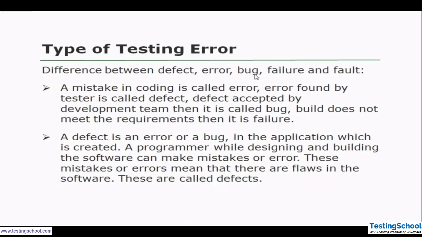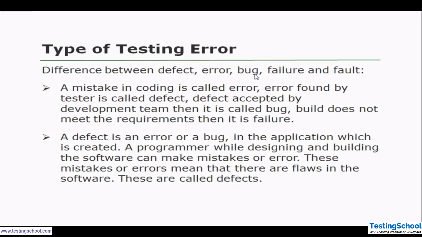So we have different testing terms: defect, error, bug, failure and fault. So what is a defect and an error? Let's start with this: if we have any coding mistake, then we call it an error. An error found by the tester is called a defect, and a defect accepted by the development team is called a bug, and a build that does not meet the requirement is a failure.